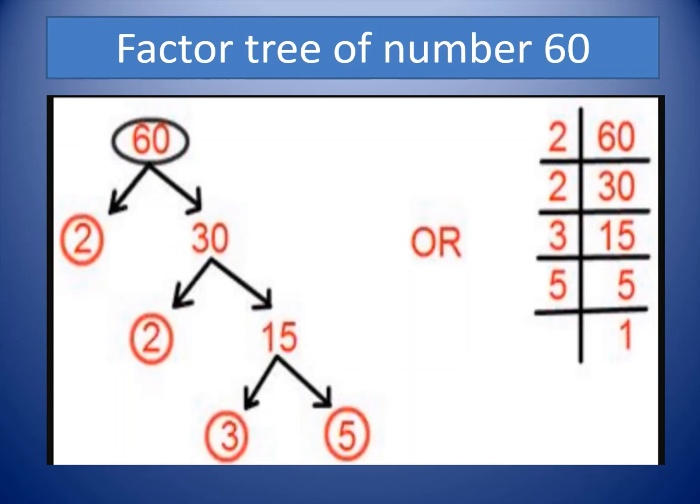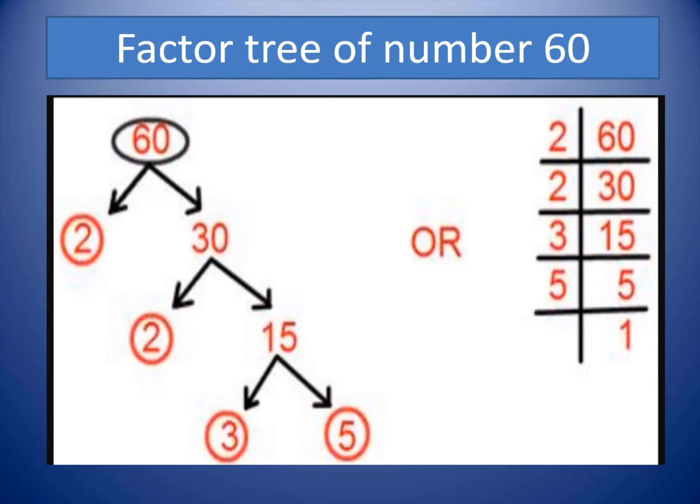As you can see in the box given on left hand side, 2 is circled and 30. 2 30s are 60. Now what is the common factor of 30? 2 15s are 30.